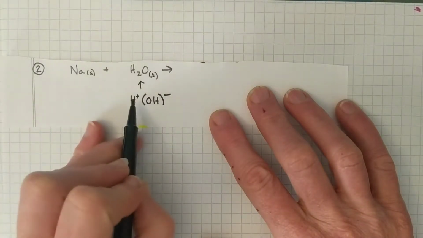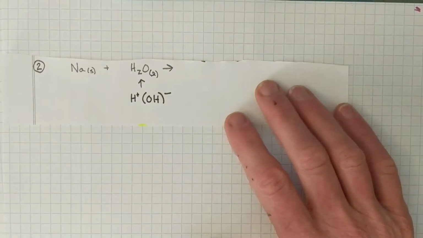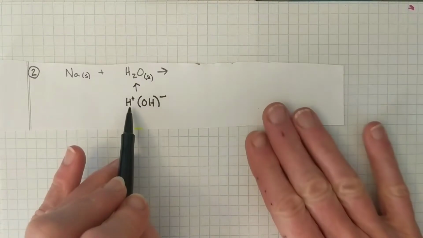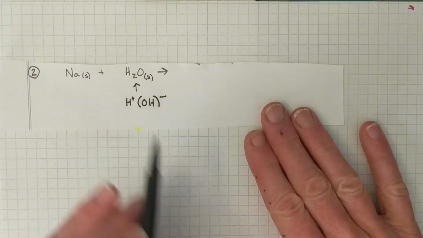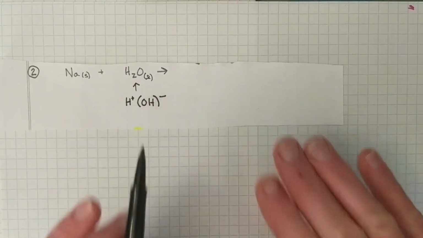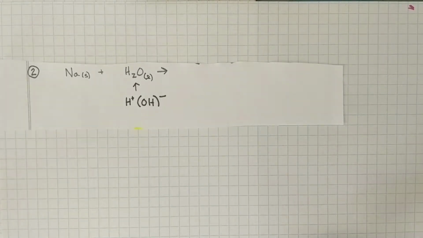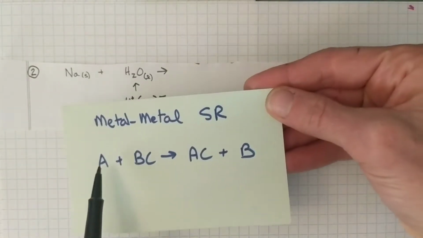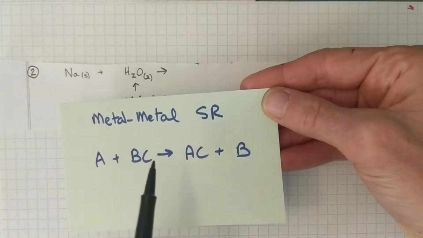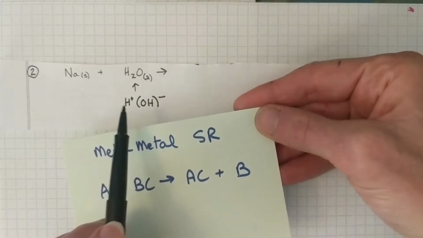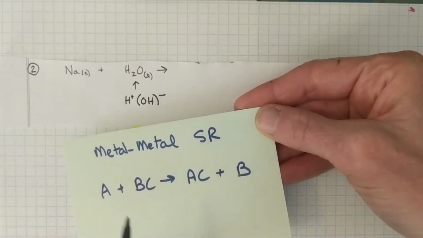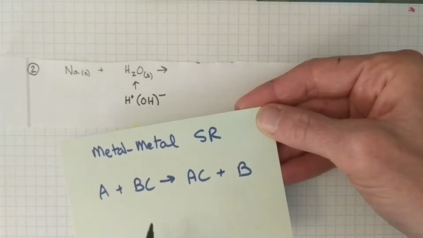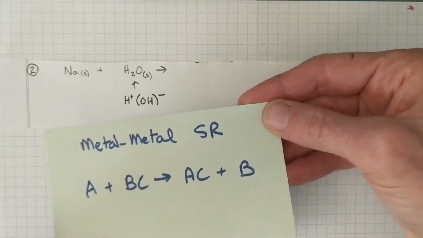And so this sodium is going to replace the element in the metal spot, making the cation. So we determined the type of reaction, and we determined it's going to be metal-metal single replacement. The sodium is going to go into the hydrogen spot, and then our non-metal will stay in the compound.